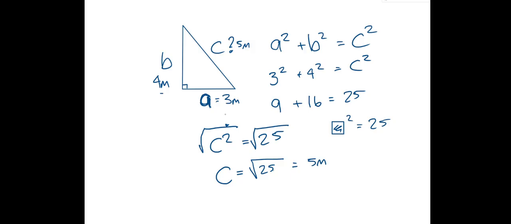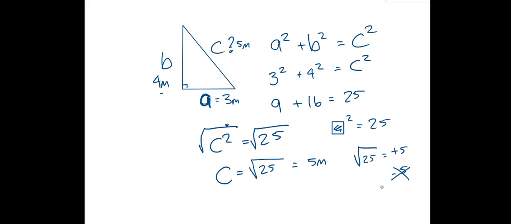Now you may be saying to yourself, okay, isn't the square root of 25, isn't that plus 5 and minus 5? Because minus 5 squared is also 25? Well, in this case, no, that wouldn't be an answer, because the answer that we're looking for is a length, and we can't have a negative length unless you're Stephen Hawking or Albert Einstein.